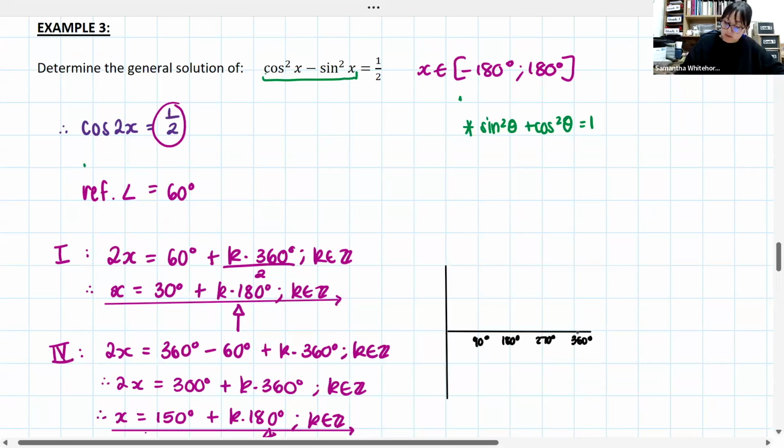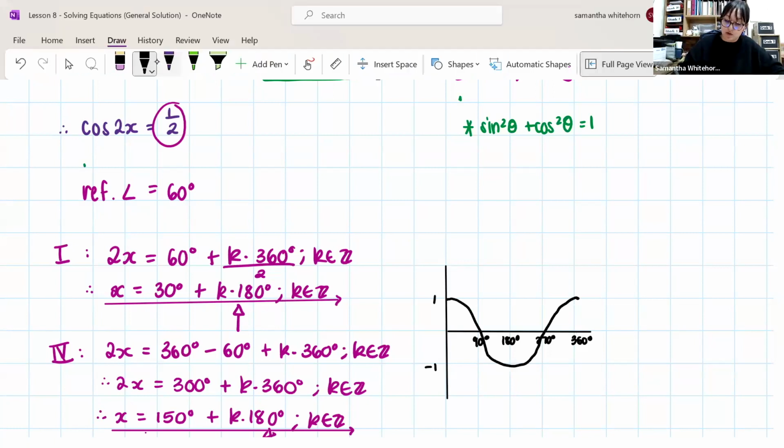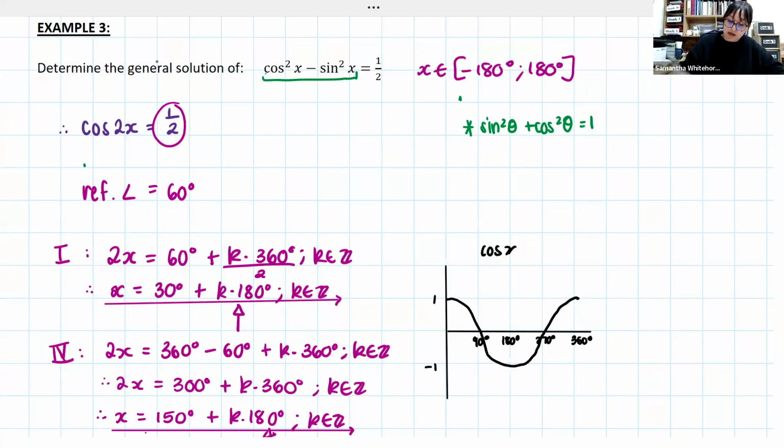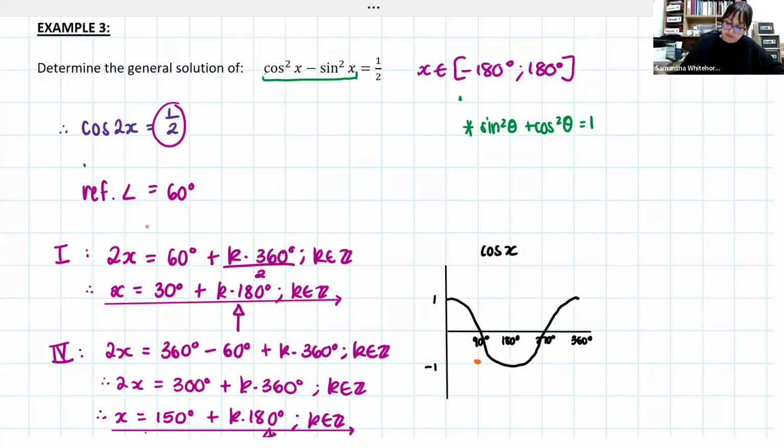It's not going to be my best cos graph in the world, but it's okay. So a normal cos graph looks something like that, where your period is 1. So this would just be cos x. For cos 2x, everything happens twice as fast. So this trough happens twice as early. So now the trough is happening here.